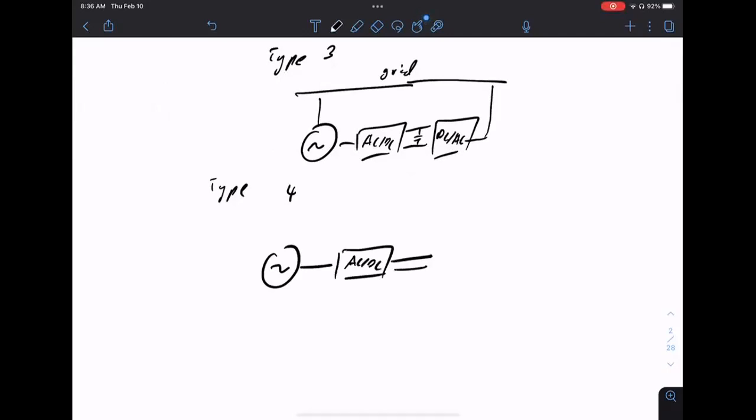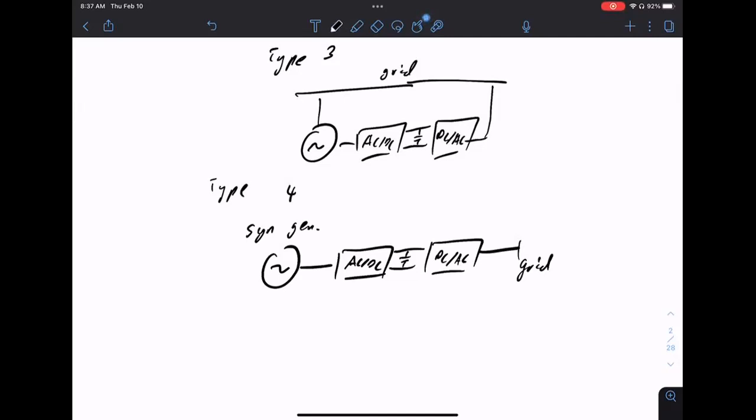Then this connects to the grid. So that's type 4. Here you have a basic synchronous generator. This is pretty much the generator that everything else uses. If you're gas, coal, or nuclear, you use this synchronous generator.